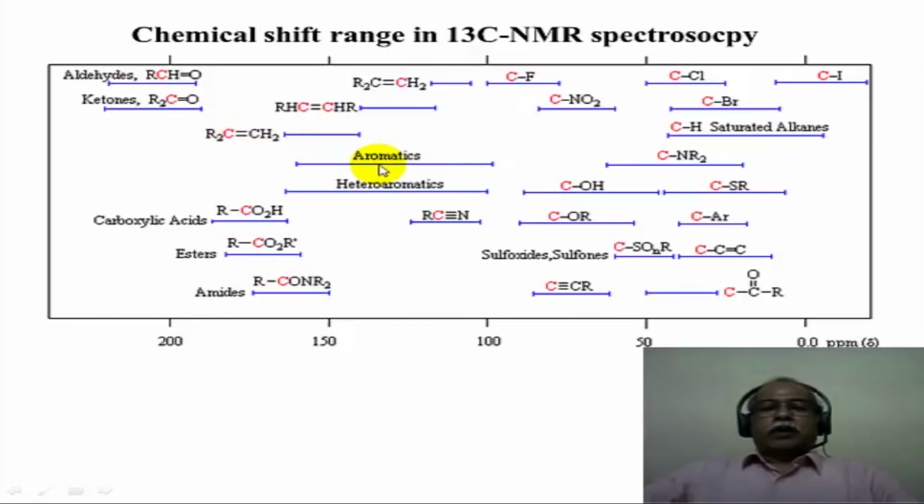In the case of proton NMR spectrum, the aromatic hydrogens come at a higher delta value compared to the olefinic hydrogens because of the ring current effect. In the case of carbon-13, such a ring current effect is not possible because the carbons do not lie in the shielding or deshielding zone of the ring current effect that is normally seen.